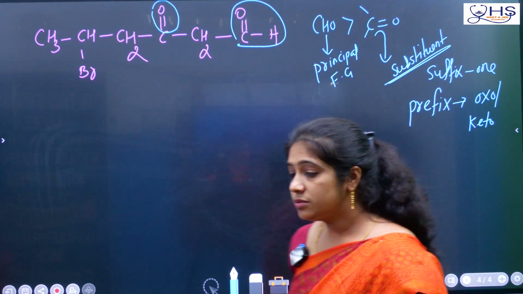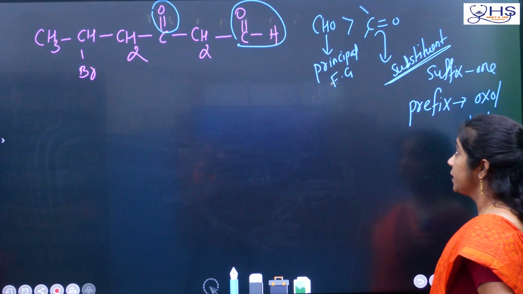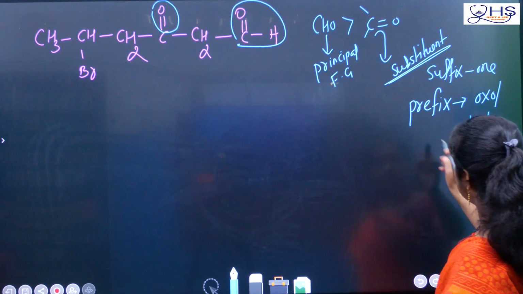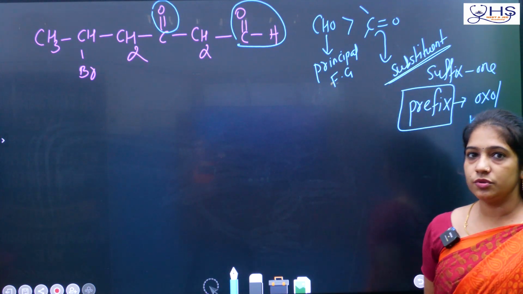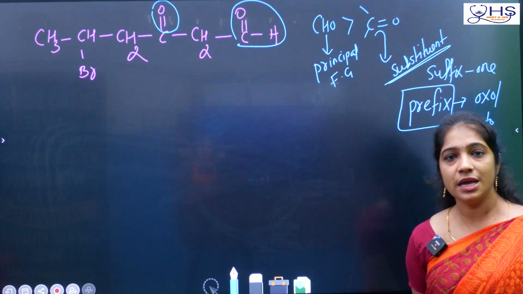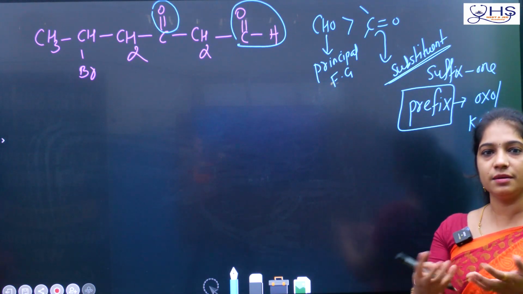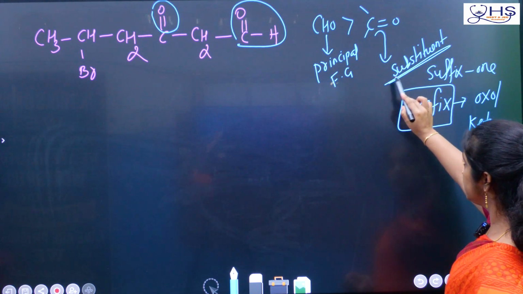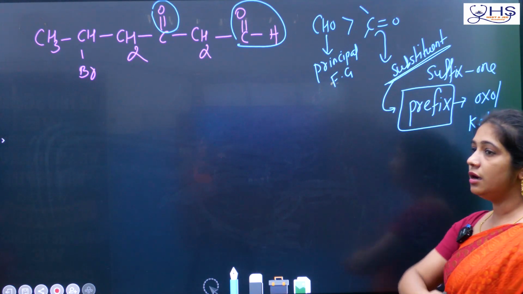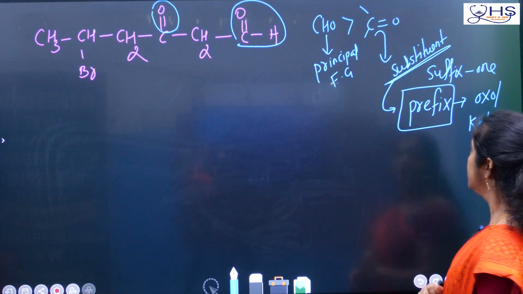Remember, each functional group has its own prefix name and suffix name. When will they become prefix? If they become substituents. When will they become substituents? In a compound, if other functional groups are there which have higher priority, the lower priority functional group will become a substituent. That time we have to use the prefix name. We cannot use the suffix name.